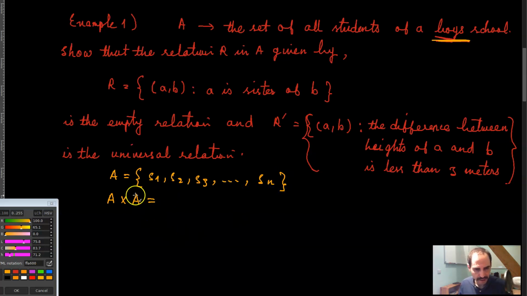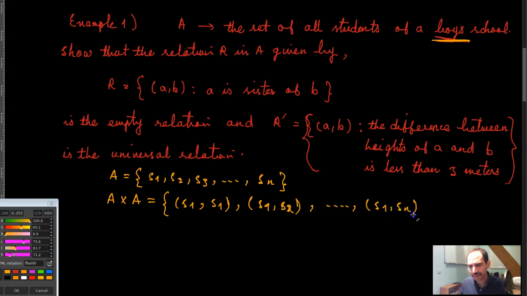Then A times A would be these ordered pairs: student 1, student 1; then student 1, student 2; all the way up to student 1, student n; and you could go all the way up to student n, student n.